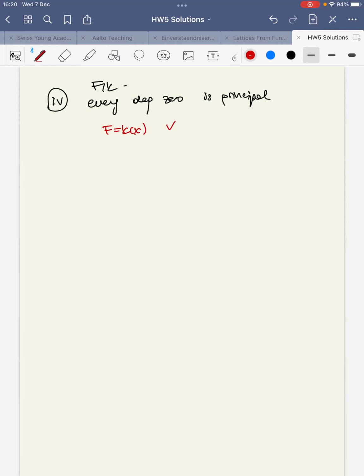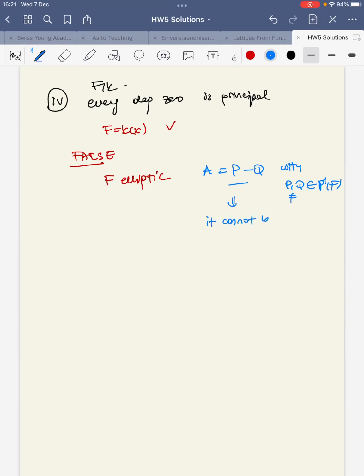But again, by the same example, when F is elliptic, the divisor P minus Q with two distinct rational places is a degree zero divisor, but it cannot be principal. So the statement is not correct.